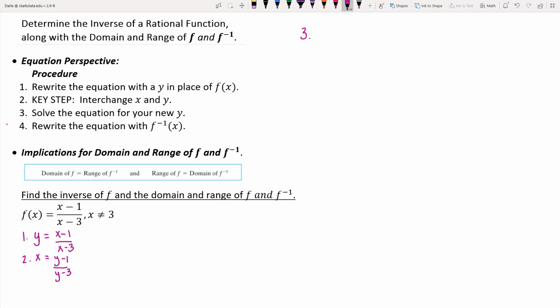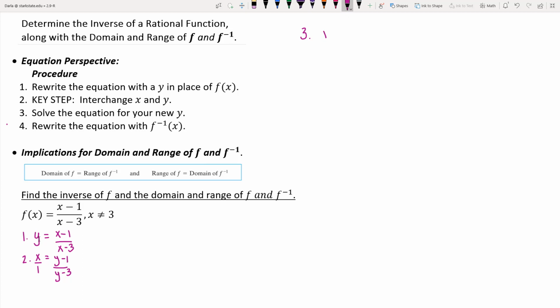So notice that y is in two positions in the fraction, or in the rational expression. So what we need to do is get all our y's on one side in a linear fashion, as opposed to in a rational expression. So we're going to go ahead and cross multiply, because whenever you have two fractions or rational expressions that equal each other, you can cross multiply.